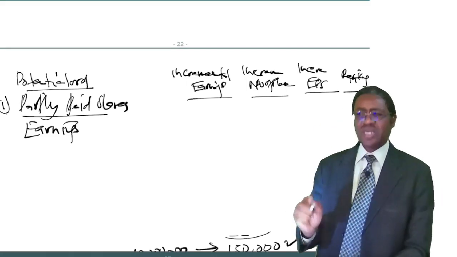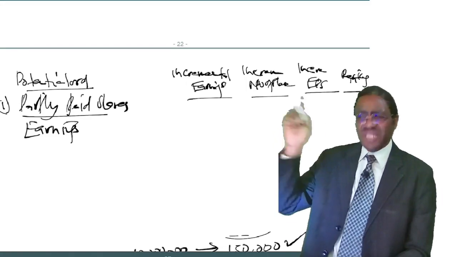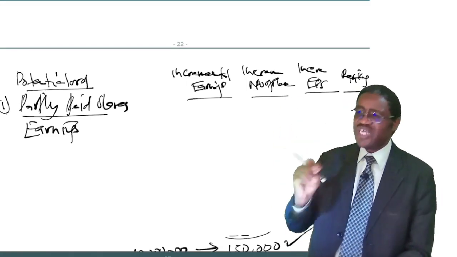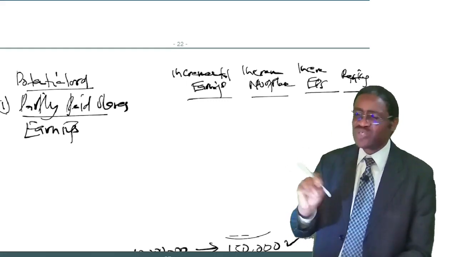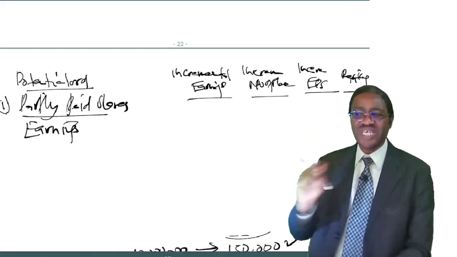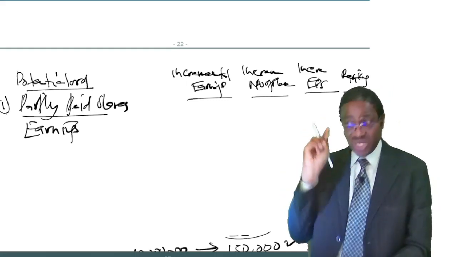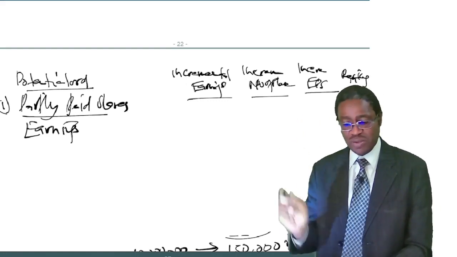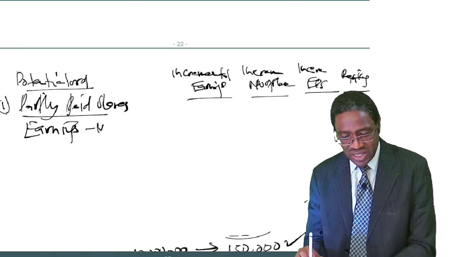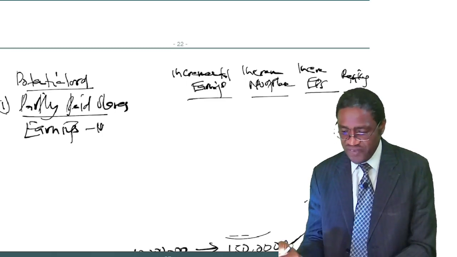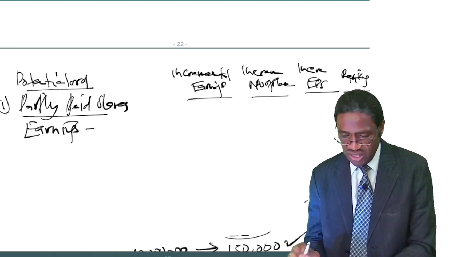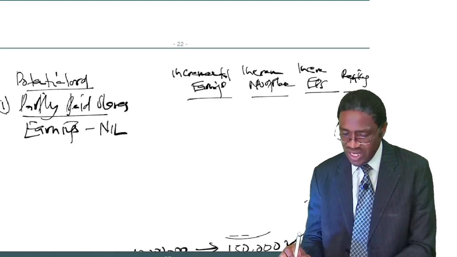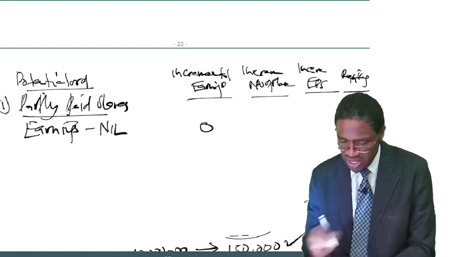We said, even if they bring in the other 12 million in the future, our earnings will not change. It will still remain whatever it was, which is that 14.6 million. So the effect on the earnings is nil. So under incremental earnings, put 0.